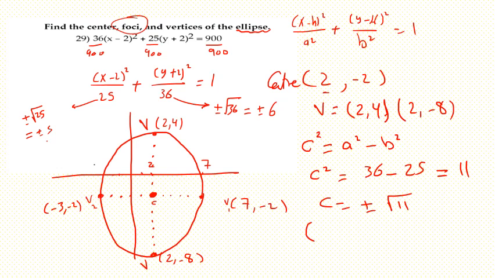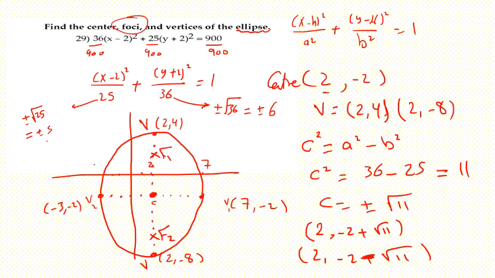So I'm going to change the value in the x or in the y? Y. So it's 2 and negative 2 plus root 11, and 2 and negative 2 minus root 11. You have just to plot it on the graph. So this is the first focus point, and this is the second focus point.